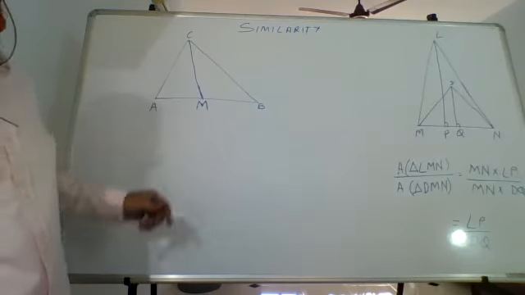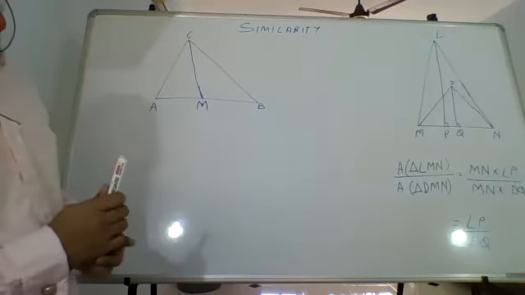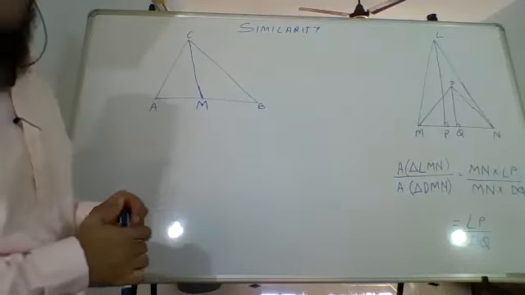Here it is given M is the midpoint of segment AB and CM is a median.